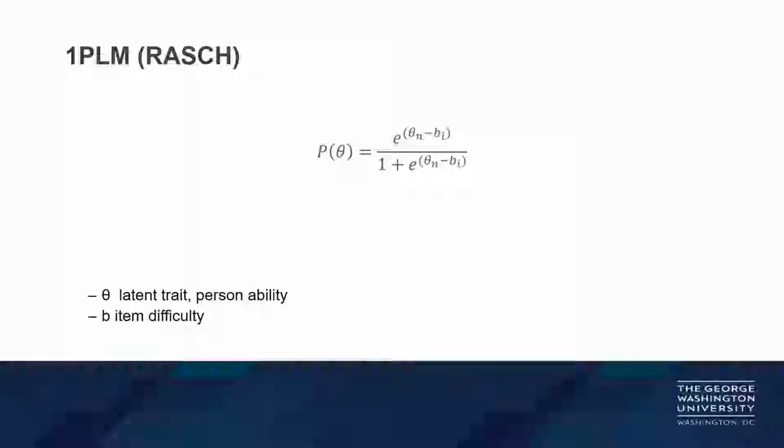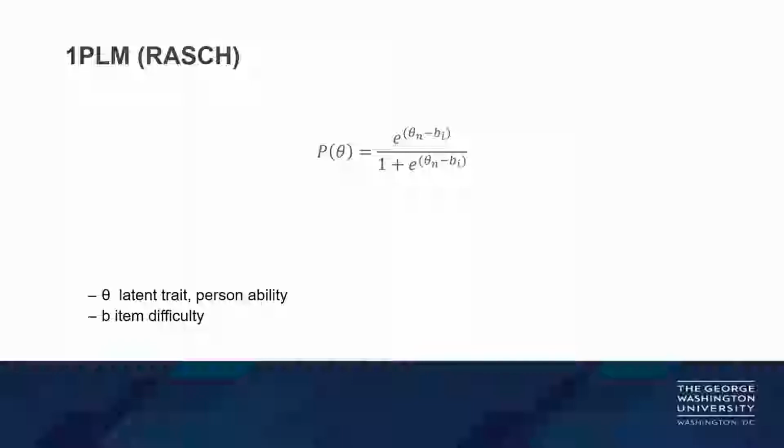This is a classical model. This is the Rasch model. We have one parameter of interest that we care about, which is item difficulty. Technically, there are two parameters in this model. We have item difficulty and person ability. Person ability is theta. Item difficulty is b. But we define models by the number of parameters they have for items.